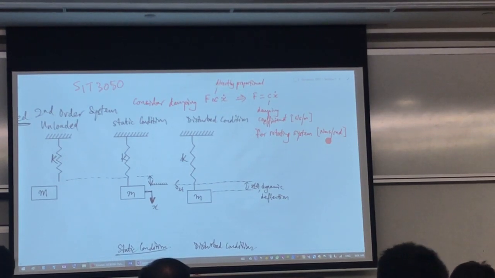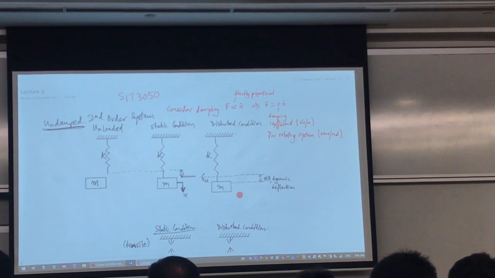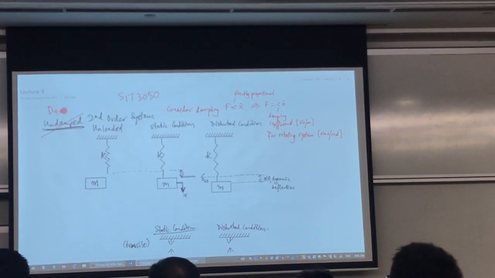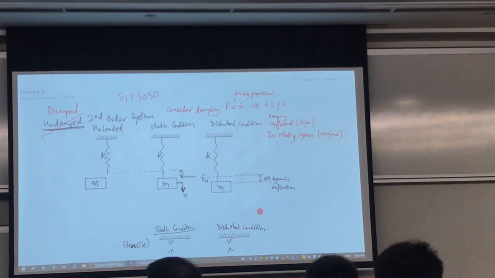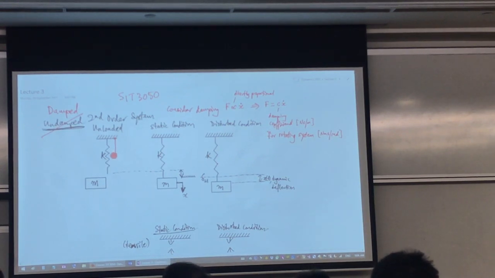Okay. So today we're going to talk about a damped system. So it's not undamped over here. This will be damped. So I'm going to sketch the damper. If I were to add a damper in here, it's going to look something like that.